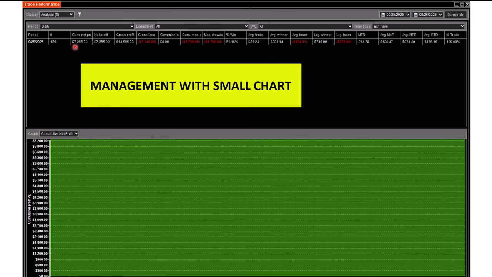Keep in mind, version 1 of our strategy is large chart only. Version 2 of our strategy, which will be out after my programmer gets off vacation, is going to be small chart management included. So a lot of these things that I just went through will be incorporated into the strategy next. Obviously, we feel it's going to be a much more powerful version.